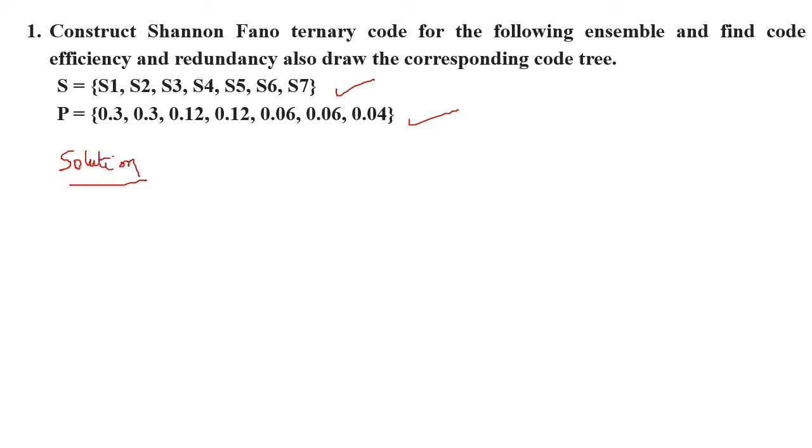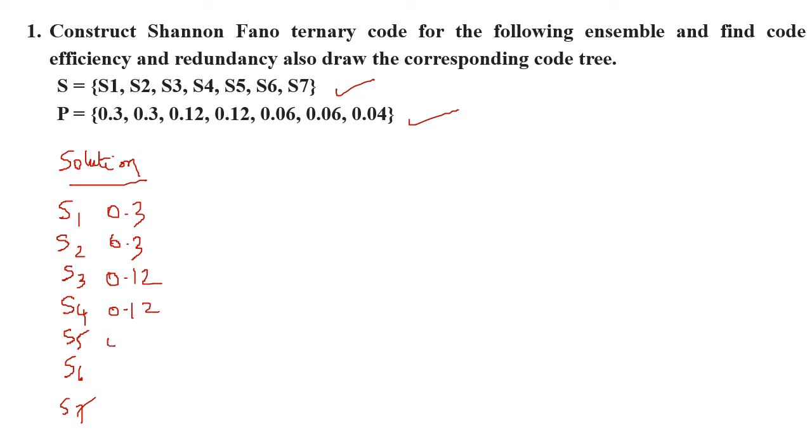Okay, the probabilities are already in decreasing order, so we'll just write S1, S2, S3, S4, S5, S6 and S7, and the respective probabilities are 0.3, 0.3, 0.12, 0.12, 0.06, 0.06 and 0.04. So here we are going to group it into 3 equal halves.